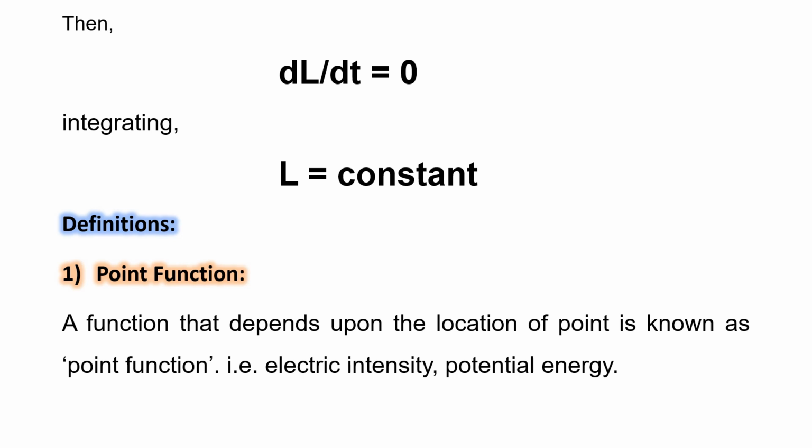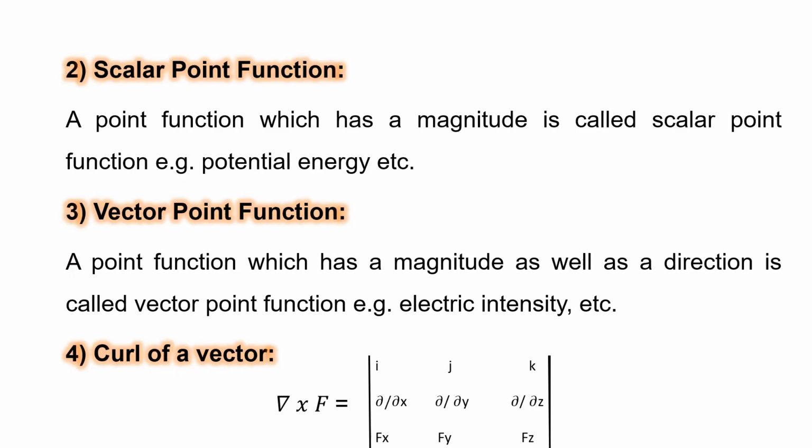Now for some definitions for the single particle. The first definition is the point function. A function that depends upon the location of a point is known as a point function, for example electric intensity, potential energy, etc. The second definition is the scalar point function.